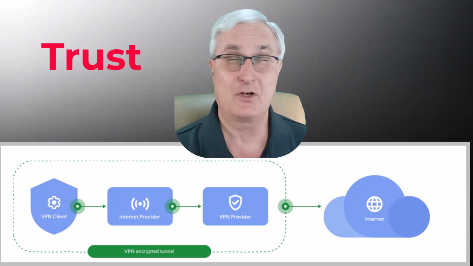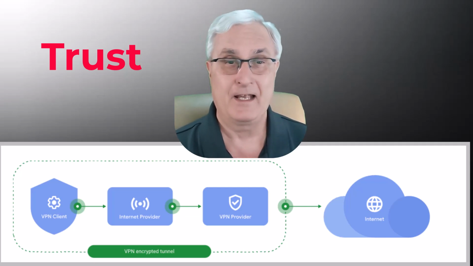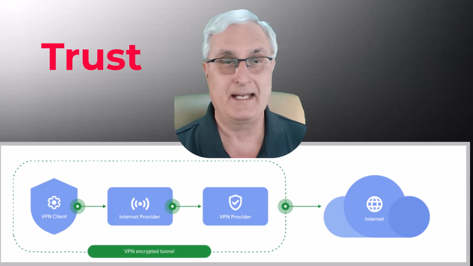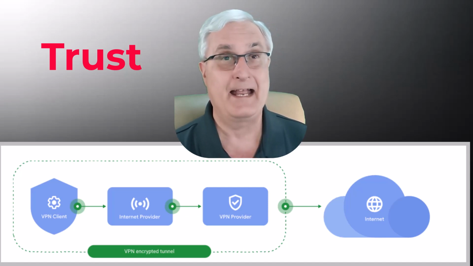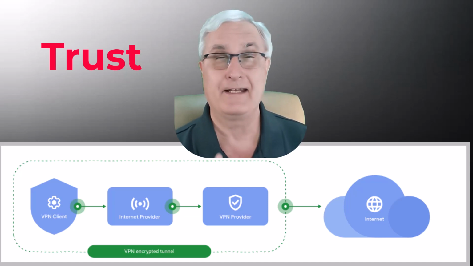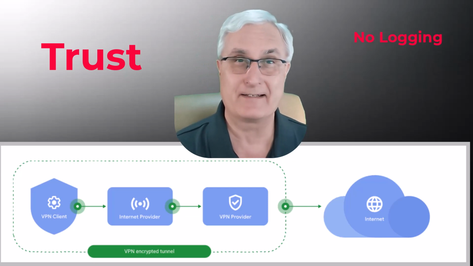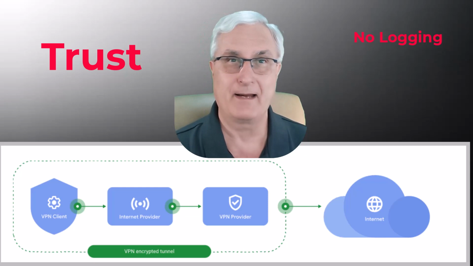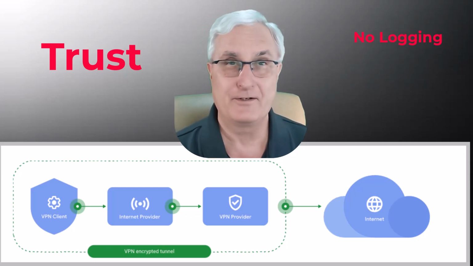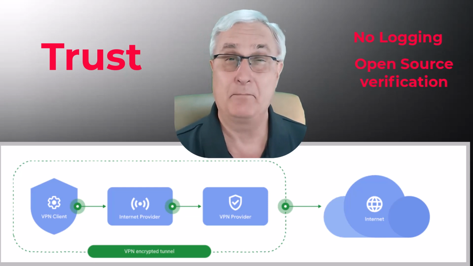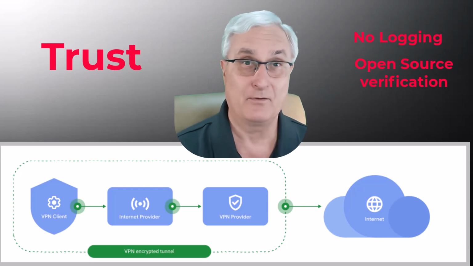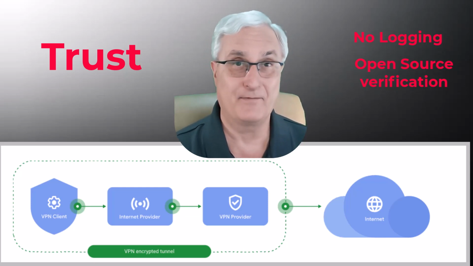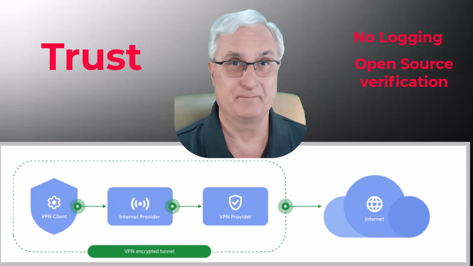They use a system called blind signing to provide a stronger guarantee that your network identity cannot be revealed. They do not log your IP address or network traffic. They have open source client libraries that are available for independent audit. And the independent audits are available for anyone to see.